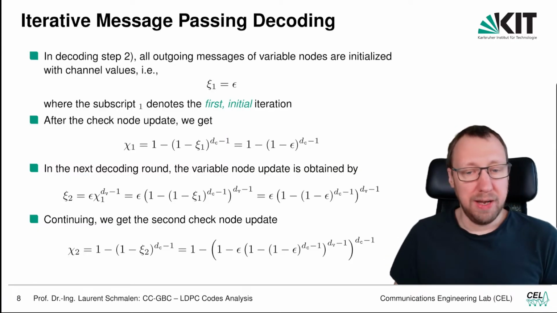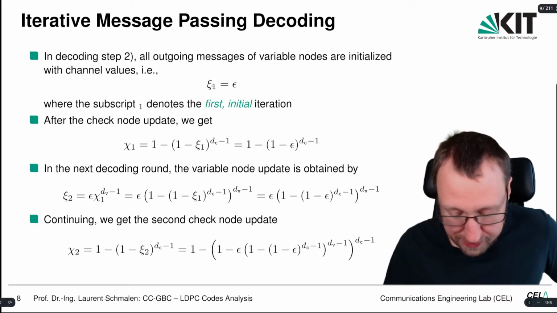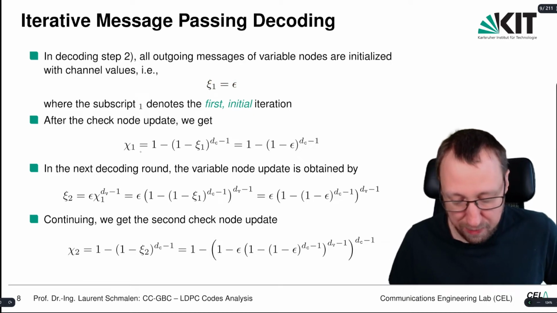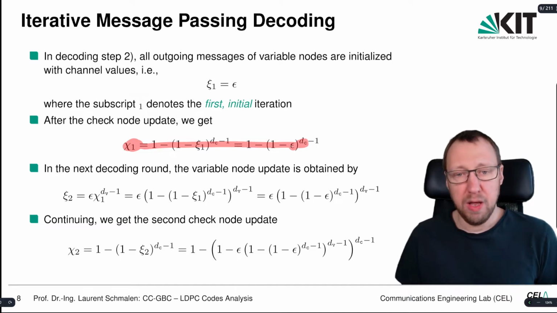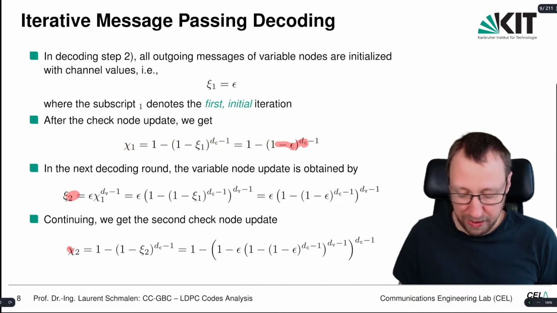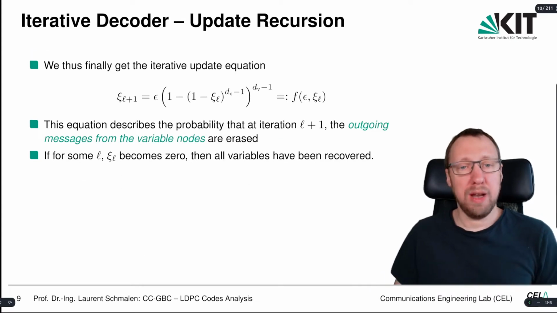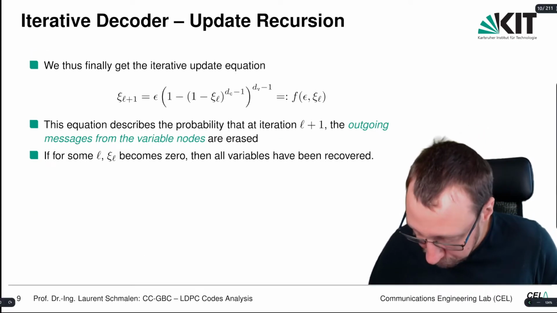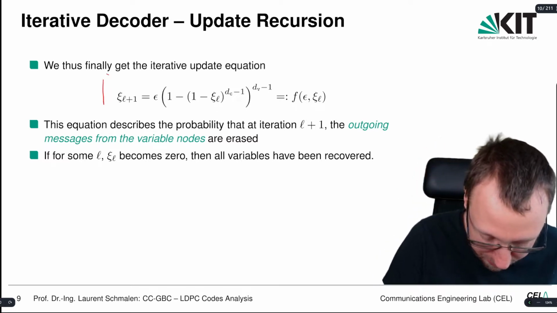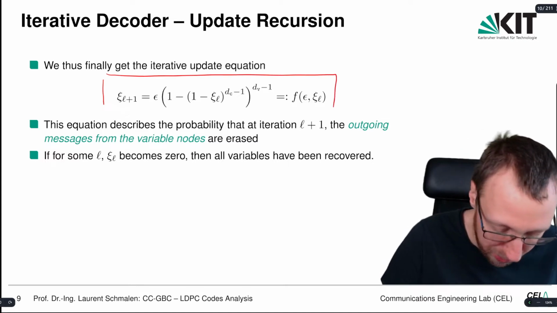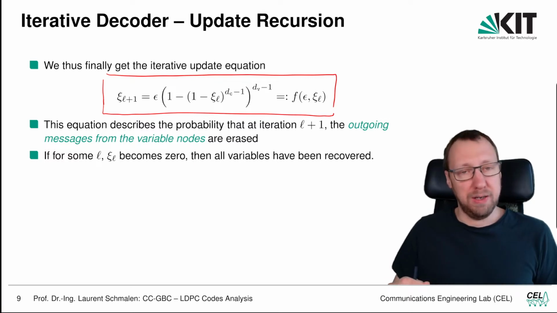So this is summarized in the slide again. We start with xi1 is equal to epsilon. Then we get chi1, that's just what we did before. Then we get xi2, then we get chi2, and so on. Eventually, we get an iterative update equation: xi L plus 1 is equal to epsilon times (1 minus (1 minus xiL) to the power dc minus 1) to the power dv minus 1.